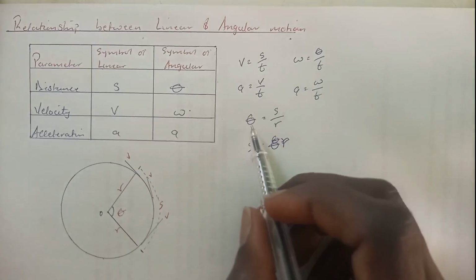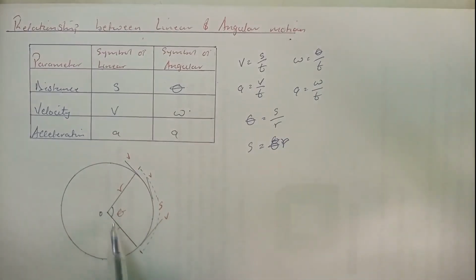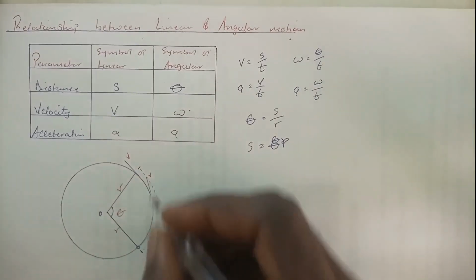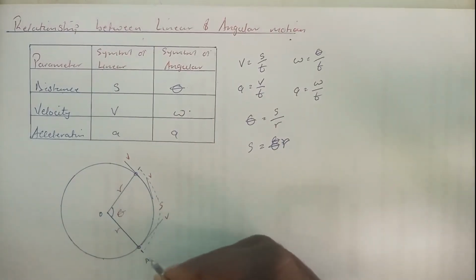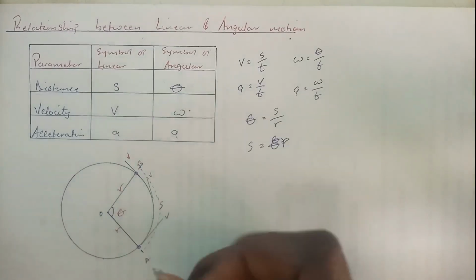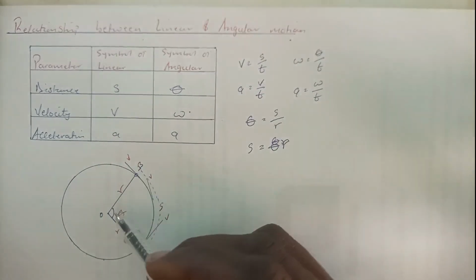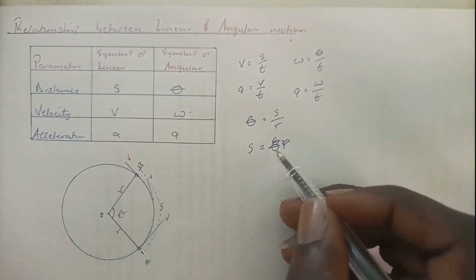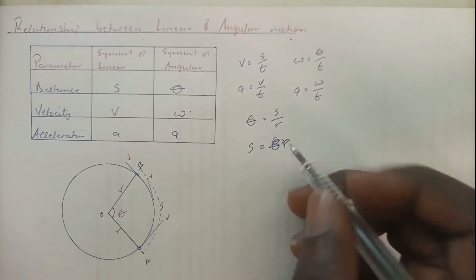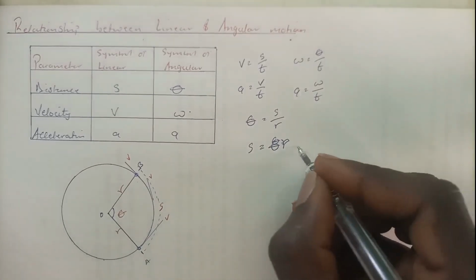Now I'm asking, how do you get this theta? Now this is an object, point A and point B. An object moves from point A to point B, and it covers an angular distance with the linear distance. So s equals theta r. Let's call this equation 1.